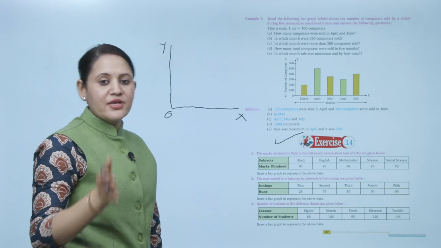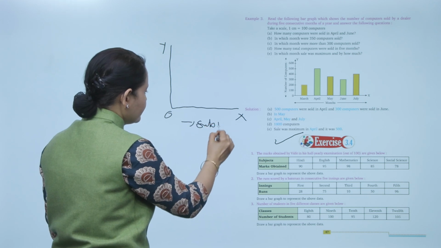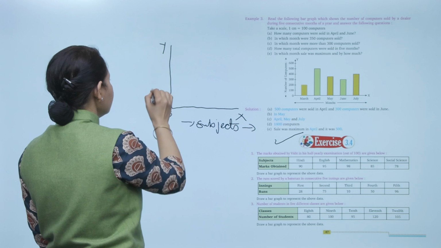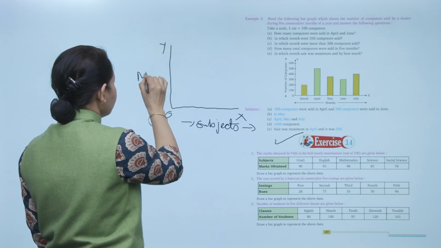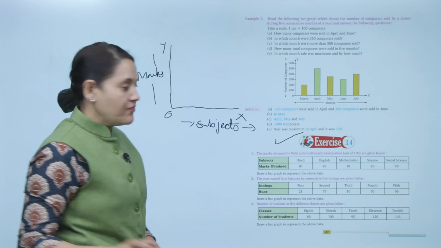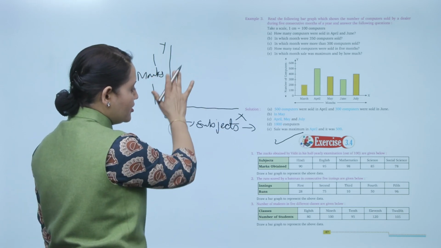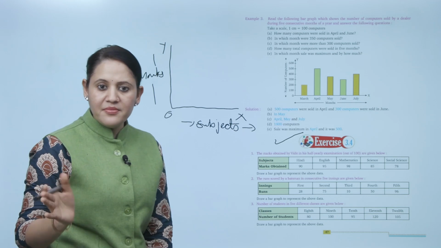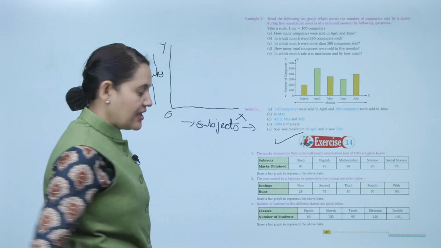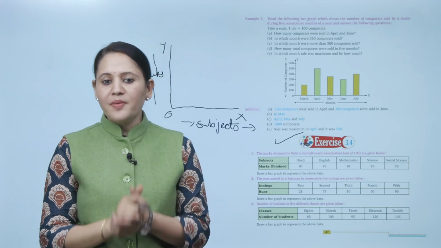On x-axis we will take subjects and on y-axis marks, and we will take a suitable scale for that, and accordingly we will draw the marks obtained by him in different subjects. According to that we will draw the bar graph. Clear? So first you will take the scale and accordingly you will draw the bar graph.